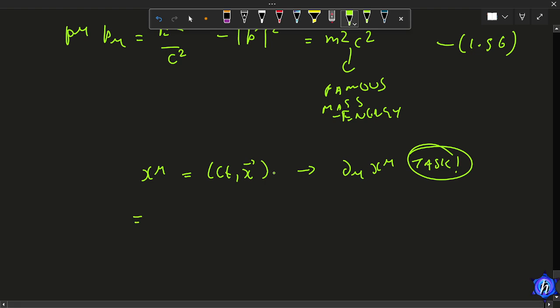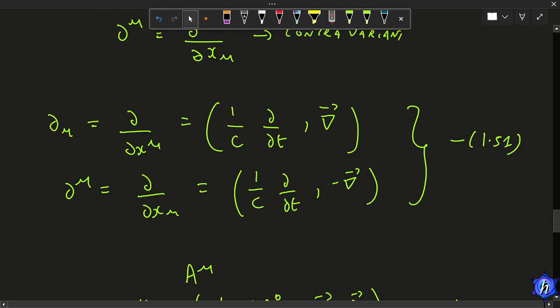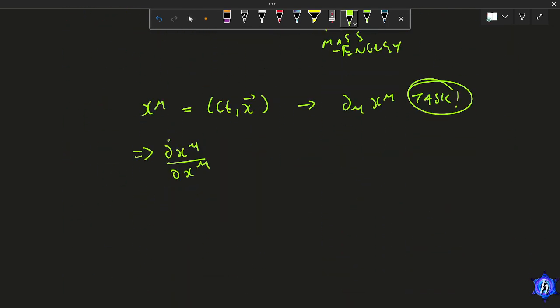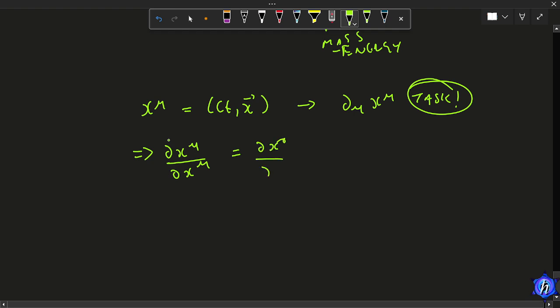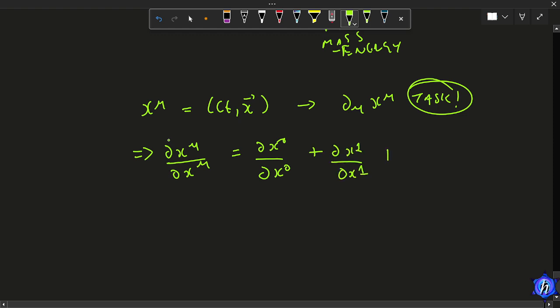Okay, let's do this. I'm writing it in a very full-fledged notation. This was a shorthand notation which was used here. Dou mu is dou by dou x mu. So this gives dou x0 by dou x0 plus dou x1 by dou x1 plus dou x2 by dou x2 plus dou x3 by dou x3.